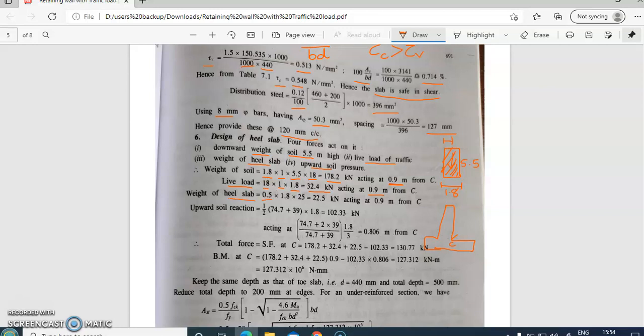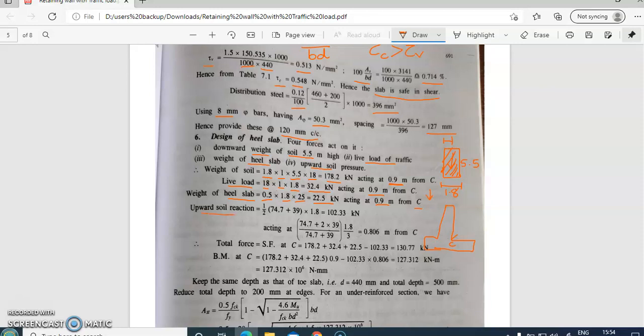So 0.5 is the thickness of the heel slab, 1.8 is its width, and 25 is the density of RCC. So this is 22.5 kilonewton acting at 0.9 meters from C. So these 3 forces that we have just calculated are all acting downwards.